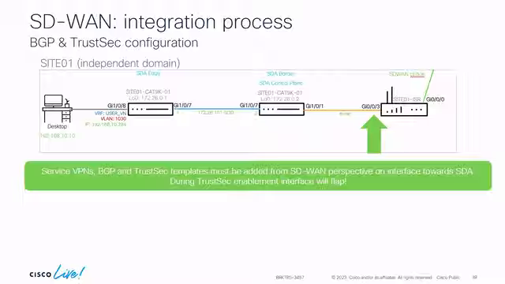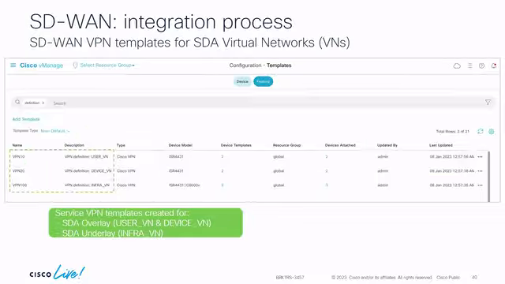From SD1 perspective, more or less the same story. Here you need to configure templates for BGP and for TrustSec. So 2 things. For BGP, you need to have services. I created here the mapping, so you can see VPN 10, 20, 100 for specific mapping to SDA.